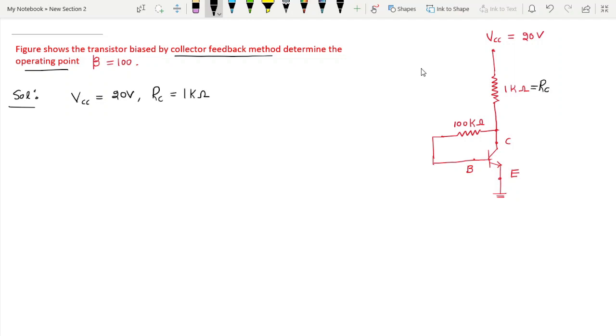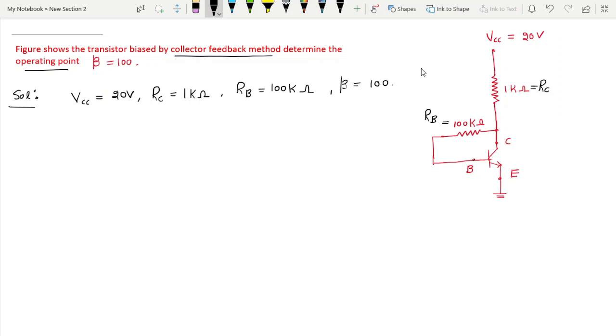The resistor connected to the base is RB, which is 100 kilo ohm. These are the connections given, and he also mentioned beta, the current amplification factor, which is 100. So he asked to find out the operating point.